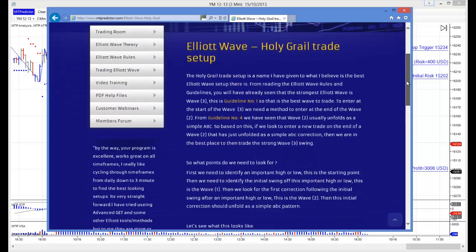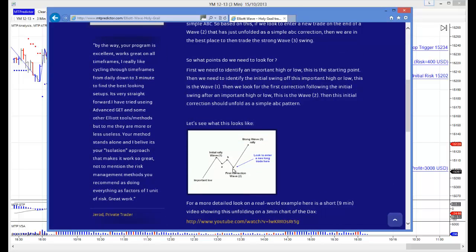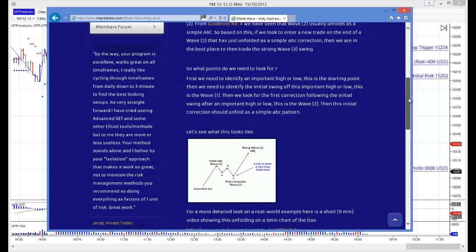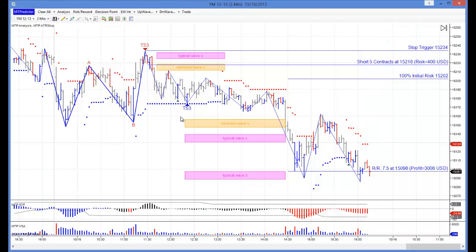And I'll just go through in here a little bit of explanation of why this is so important and how it fits in with other guidelines on the Elliott wave pattern. So it just puts it in context of why the Holy Grail trade setup is called that, because it's not necessarily the most profitable, or it's not the highest percentage of winners in this particular setup, but when the market goes down in a wave 3, because wave 3s are typically the strongest and longest in a completed Elliott wave sequence or 5-wave sequence, the profits are usually large in relation to the initial risk.